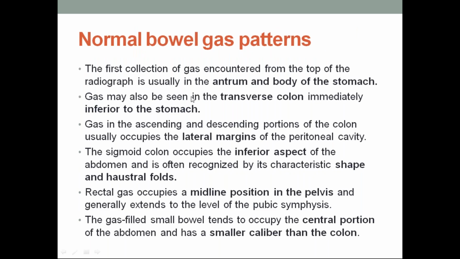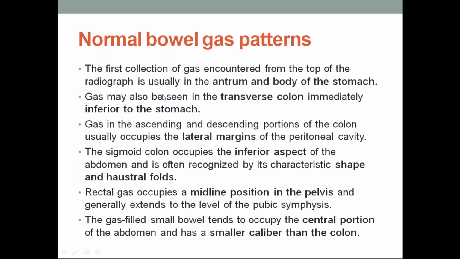Coming to the normal bowel gas patterns, I will show you in the slides. The first collection of gas encountered from the top of the radiograph is usually the antrum and the body of the stomach, in the left upper quadrant, normally the left hypochondriac region.